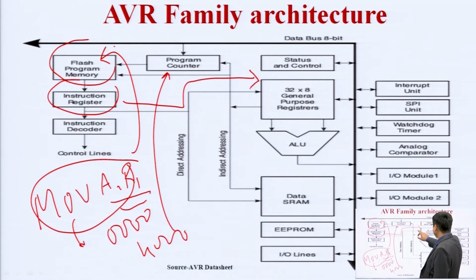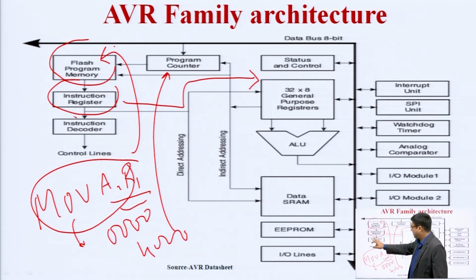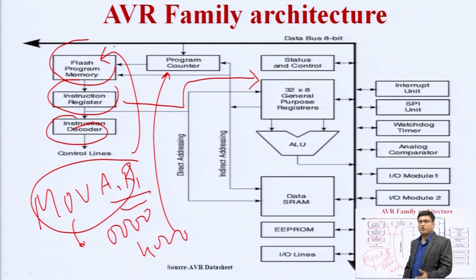the general purpose registers. And what will be the role of the instruction decoder? The instruction decoder decodes whatever we are doing here and provides it to the control lines. So the instruction decoder is decoding the instructions for our system through the control lines. Okay.